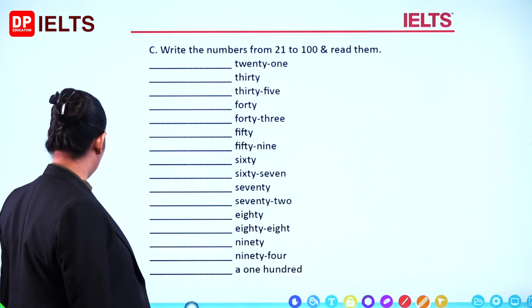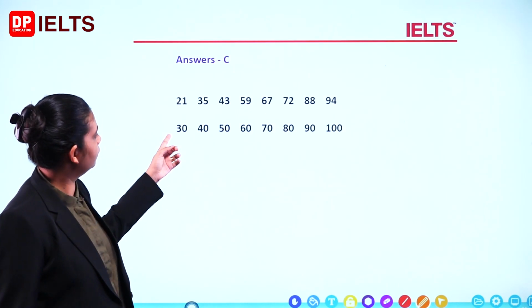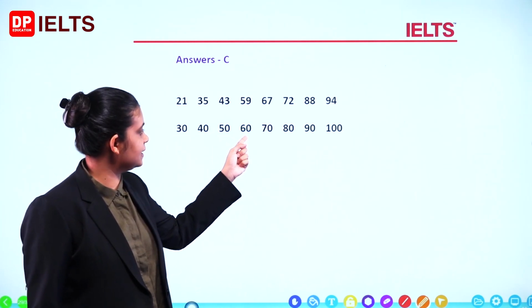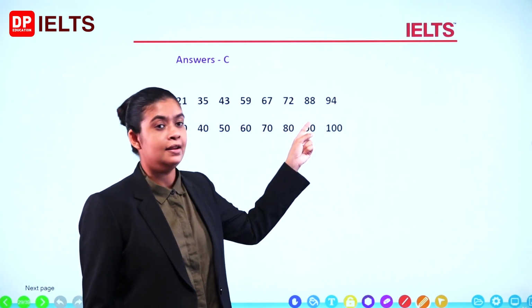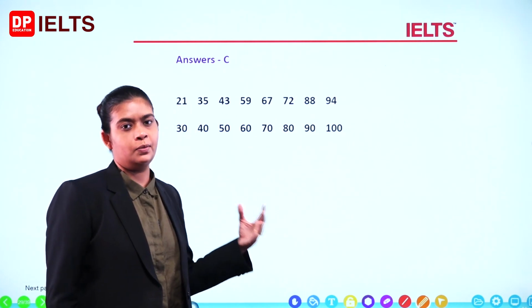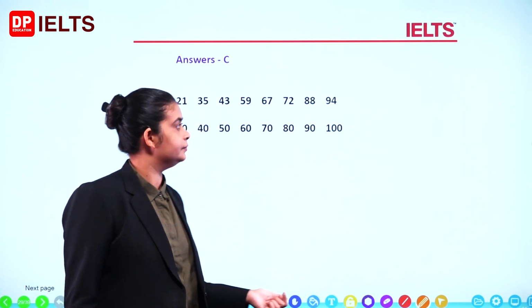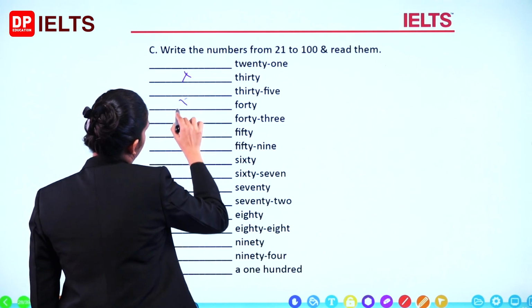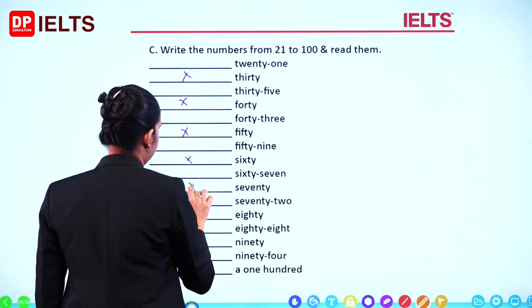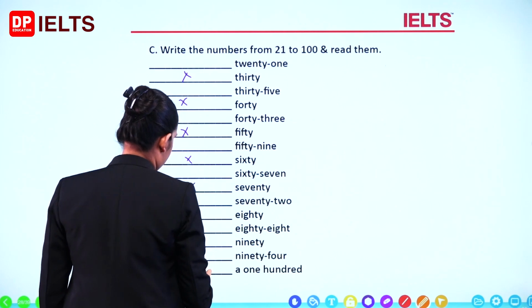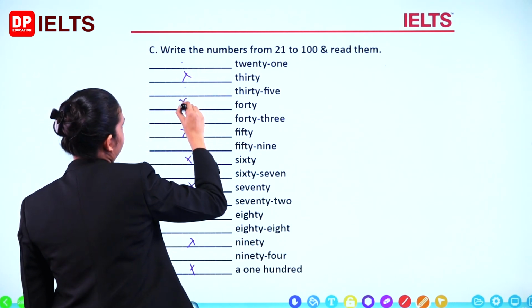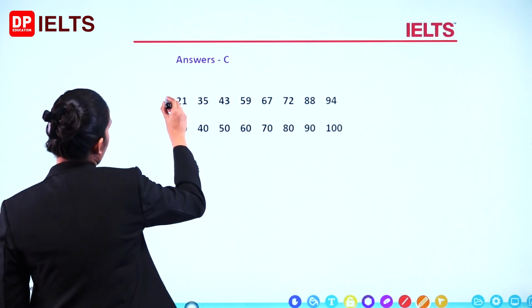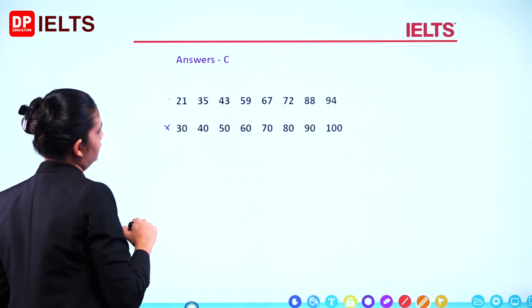Okay, so I'm just putting it up for you. 30, 40, 50, 60, 70, 80, 90, 100, or they would say a 100 or one hundred. So those are the ones that you have here. And the others were the ones which were here. Right? And those are the answers that I have put. This one is on top. This one is bottom. Okay?